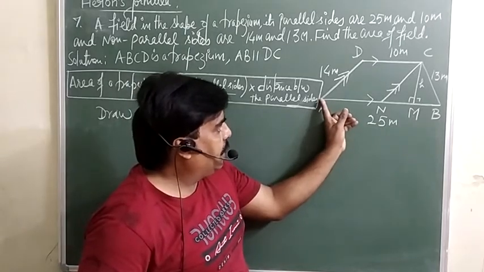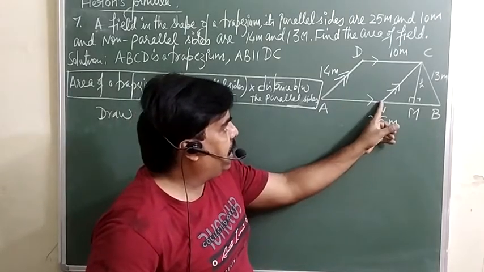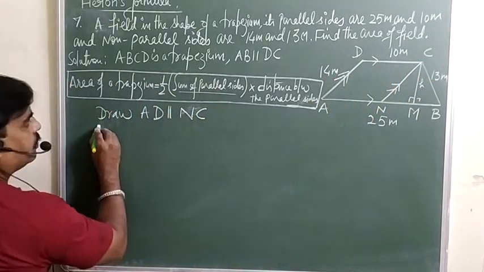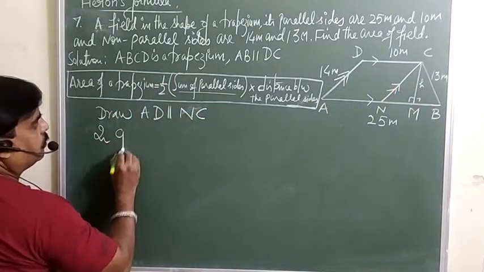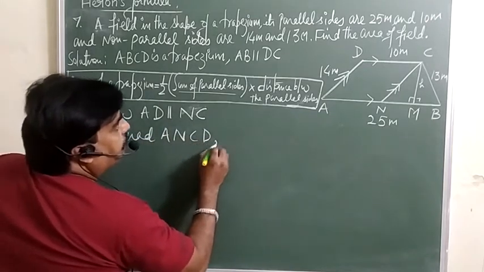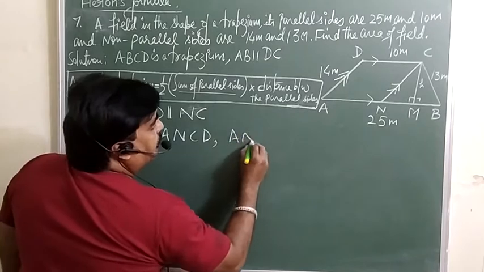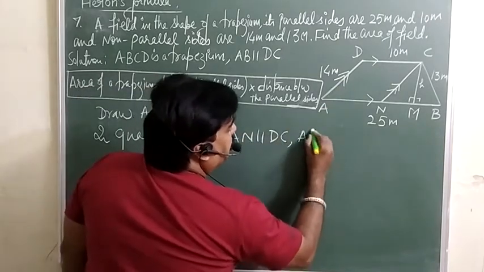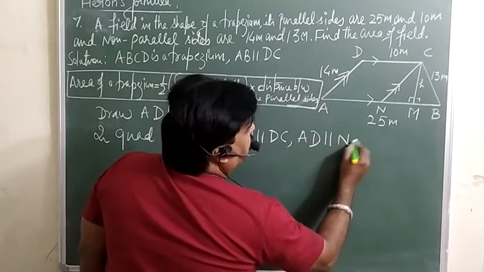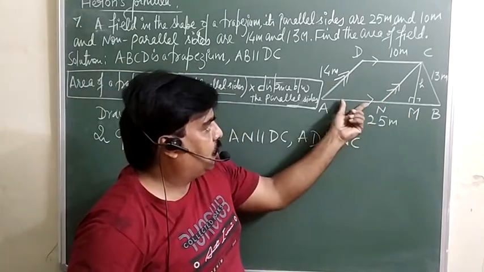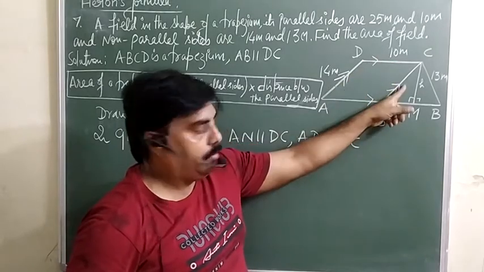Now in quadrilateral ANCD. See now, AN is parallel to DC is already given है. AD is parallel to NC that we are doing. हमने क्या किया, इसके पैरेलल एक लाइन ड्रॉ की, and this is already given parallel. This side is already we are doing in a construction.